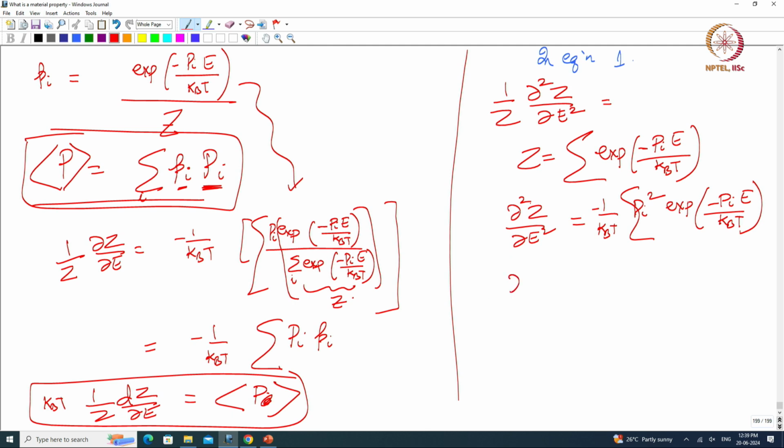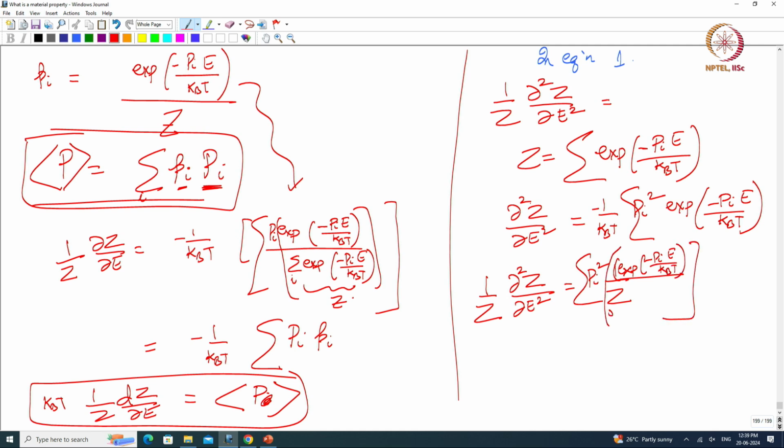Hence 1 by Z of that is P_i square, sigma 1 by Z of exponential of minus P_i E by k_B T, and that is nothing but the probability of the system existing in a state P_i.